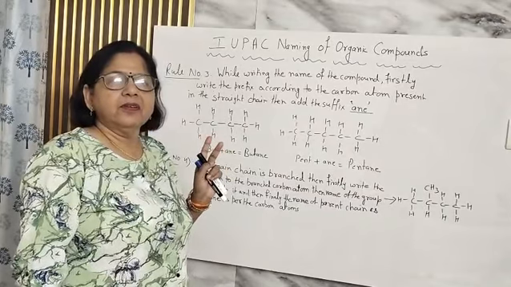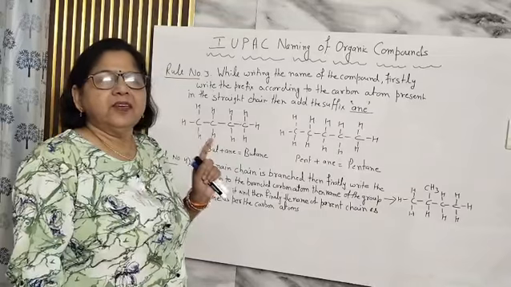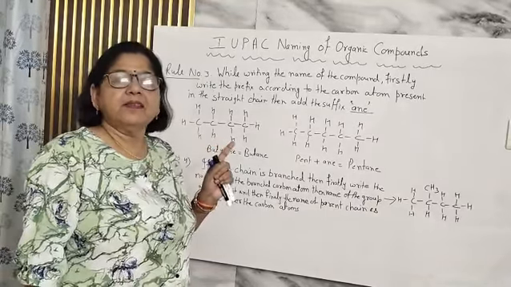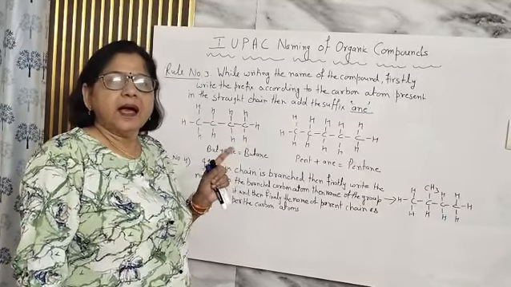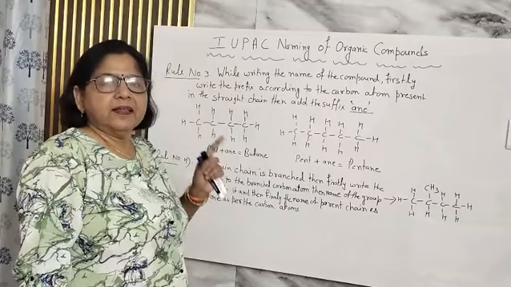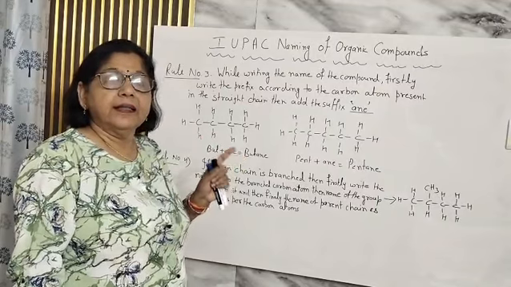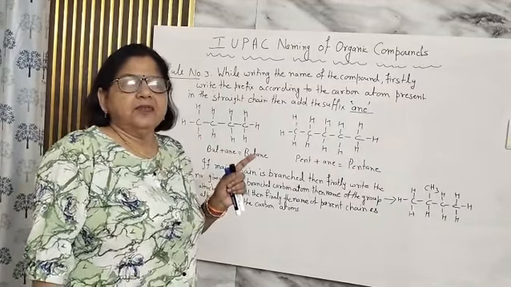The second thing was that if the chain is branched, then give the least number to the branch carbon atom. Means number the carbon chain in such a way that the branched carbon atom gets the least number. Fine. These two points we had discussed yesterday.